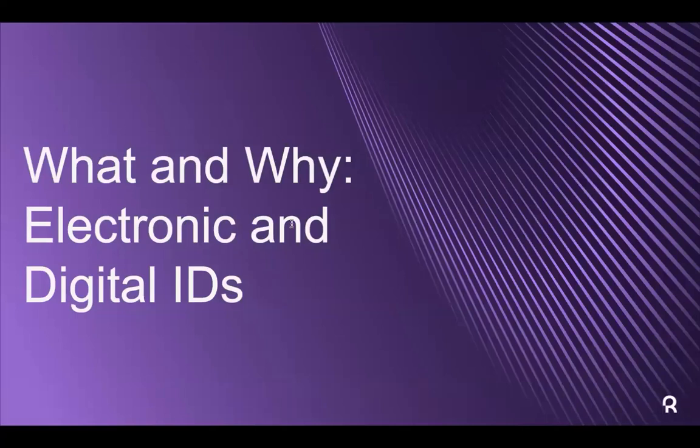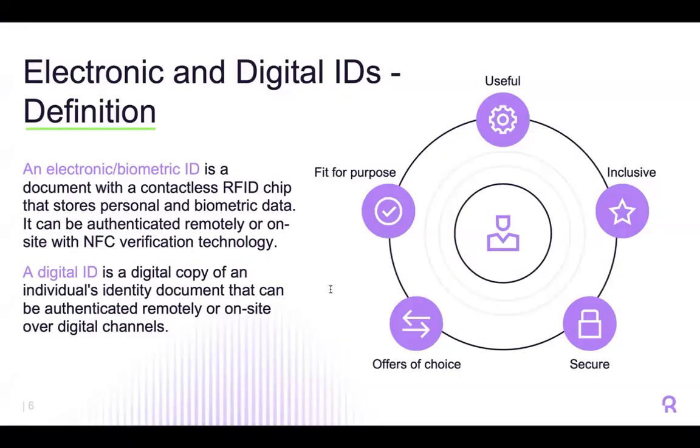Today, we are going to dive deeper into electronic and digital IDs. And I would like to begin by defining what electronic or biometric IDs and digital IDs are in simple words. Also, it is important to know that this presentation is based on Regular's knowledge and expertise. An electronic or biometric ID is a document with an RFID chip that stores personal and biometric data.